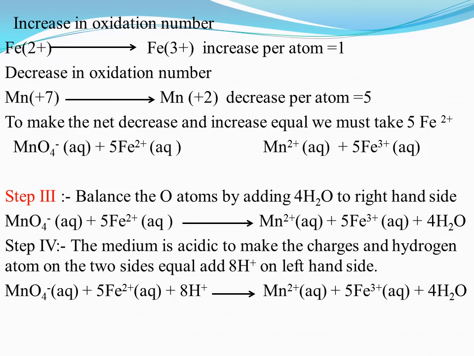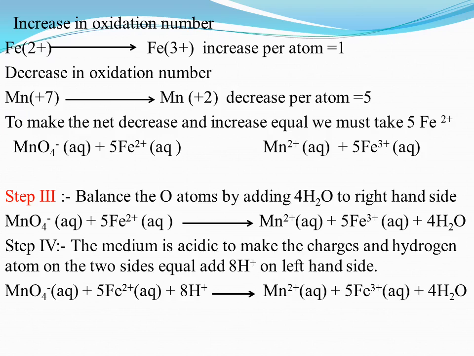In step 3, balance the oxygen atoms by adding 4H2O to the right hand side. So the reaction becomes MnO4- + 5 Fe2+ gives Mn2+ + 5 Fe3+ + 4H2O. In step 4, the medium is acidic. To make the charges and the hydrogen atoms on the two sides equal, add 8H+ on left hand side.